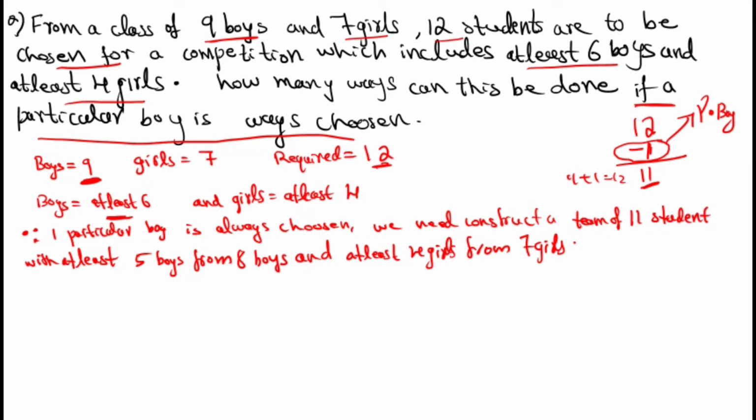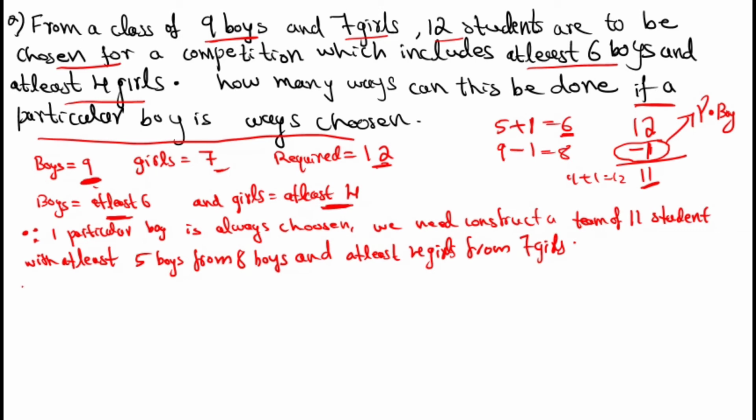Since one boy is selected, actually you need to select at least 6. That means start with the minimum 6. But since one boy is already selected, we need to select at least 5 boys, because if you select 5 plus 1, that particular boy, that gives 6. At least 6 condition holds, right?